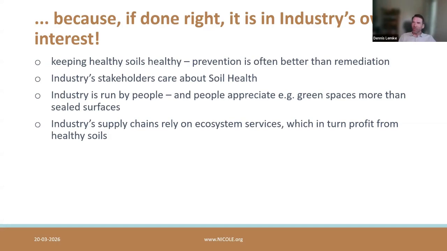Another point is a change in attitude among the stakeholders of the companies. They really do care about soil health. Companies, especially the big ones, have shareholders, and you can be sure we are regularly asked about these aspects, especially biodiversity. And the soil strategy comes from the biodiversity corner, right?